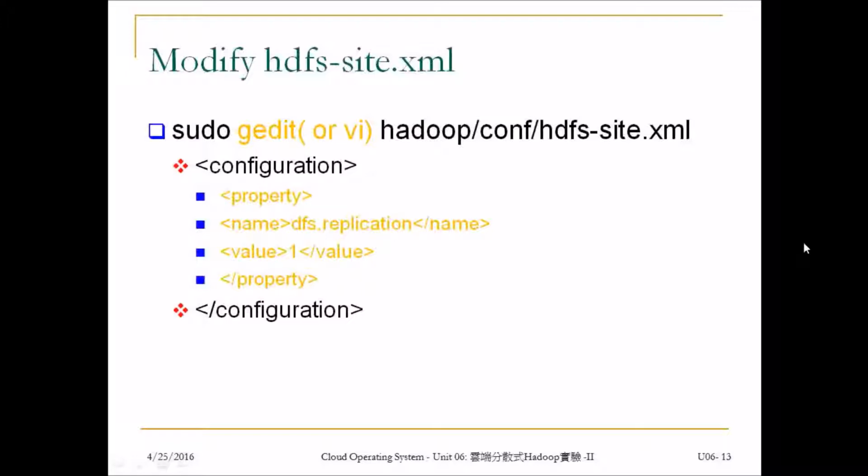Of course, there are different values and indicates different functions. Due to our exercise, we only need to set up 1. If you want to know more, we suggest you can check what the values mean on the website.